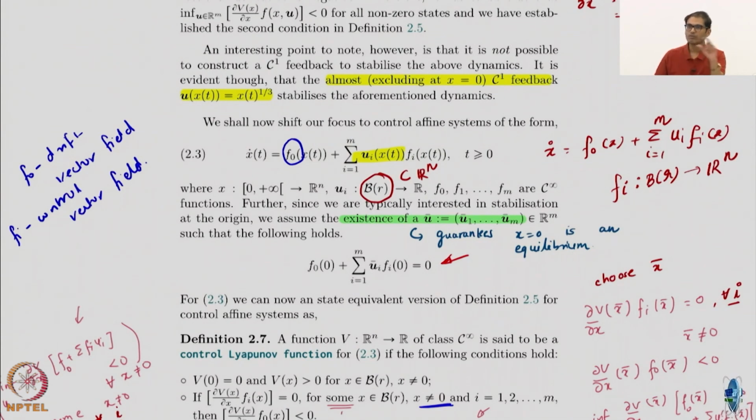If you think of R3 with x, y, z, and all f0 and fi have zeros in the z row, the third row, then whatever control you apply, you can't move in the z direction. Wherever you started in z, you remain at that point.